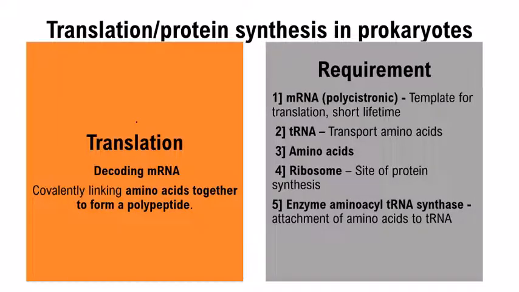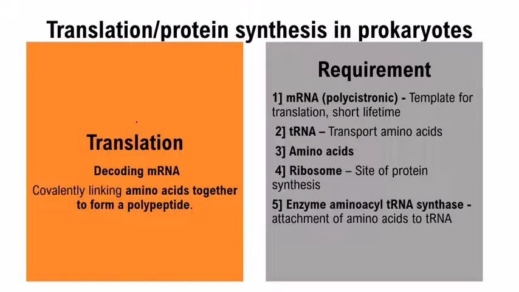So ribosomes represent the site of protein synthesis. Ribosomes are formed by a combination of ribosomal RNA plus ribosomal proteins. Apart from these components, the enzyme amino acid tRNA synthetase is required. The enzyme amino acid tRNA synthetase is involved in attachment of amino acids to the tRNA molecule.